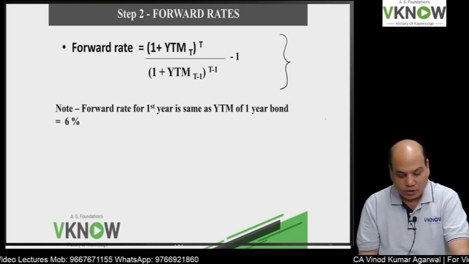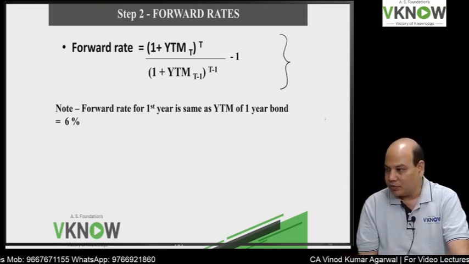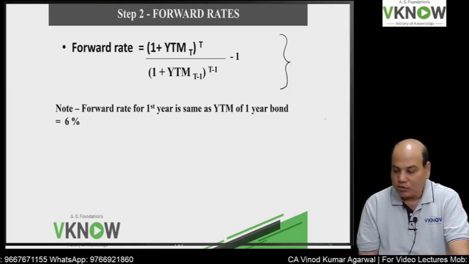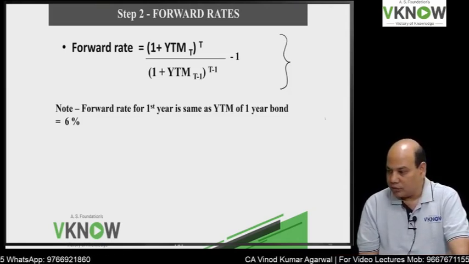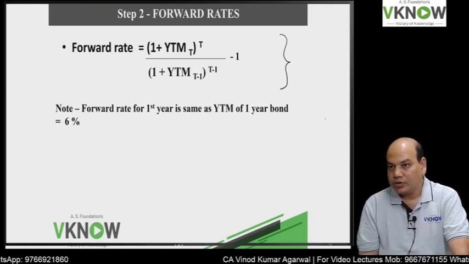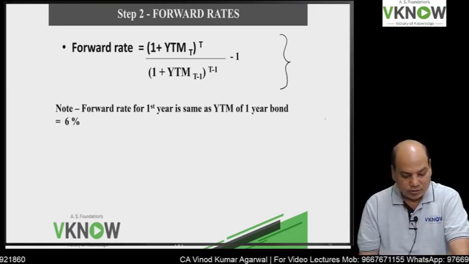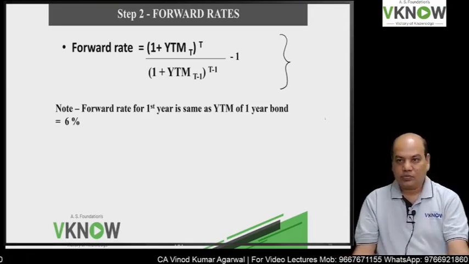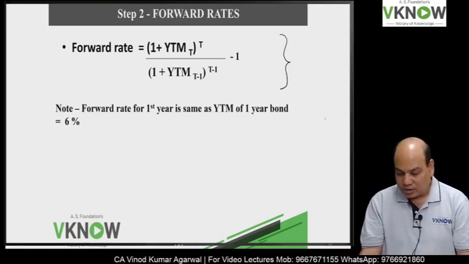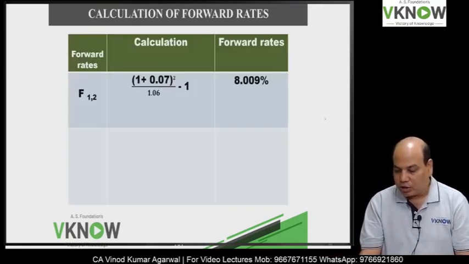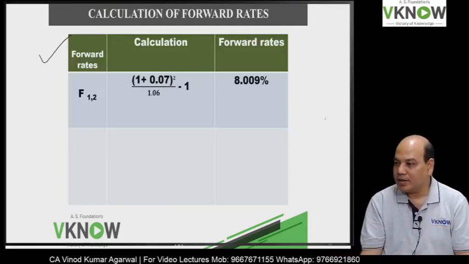Note: the forward rate for the first year is the same as the YTM of the 1 year bond, that is 6%. Now write down below that a small table for years 2 and 3.